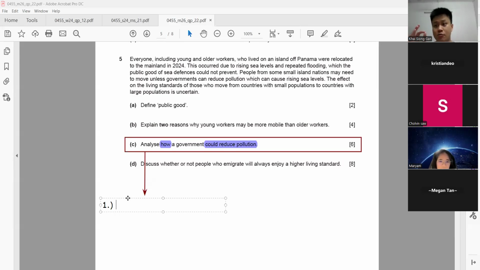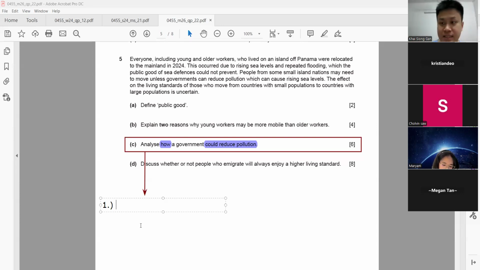You see? Rather than blank or taking time to think, when they ask you how a government can achieve something, you talk about the government intervention that you learn. You learn a lot in your chapter 2 year 10. Okay? You also learn about policy making. You can also write that as well.